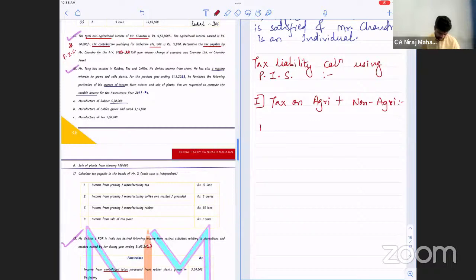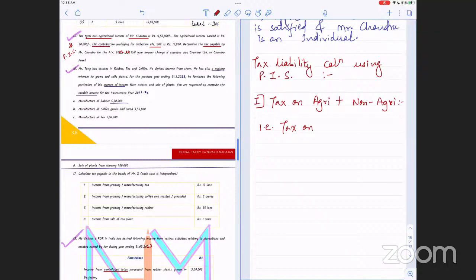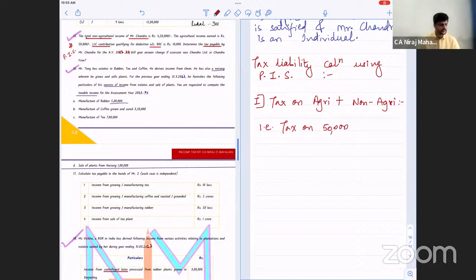That is tax on, very important now, on what plus what? Agricultural income will be 50,000 plus 10,000, that is 60,000, plus 10,000.